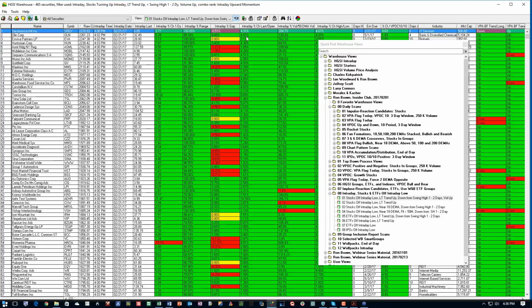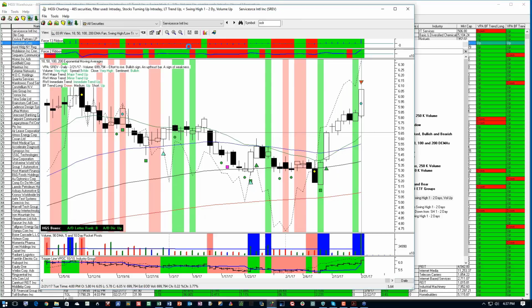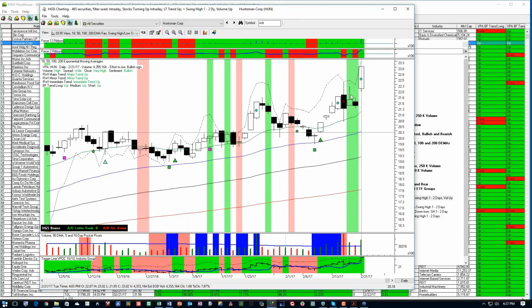And you can see that today in all securities, 465 stocks did that after a slight pullback from the previous day's high. Let's look at Huntsman here. See, it's green here. It gapped open. If you'd had a buy stop in, probably would have been right above that wick right there, or if you're more adventuresome, down here, but you still would have had to buy the gap.